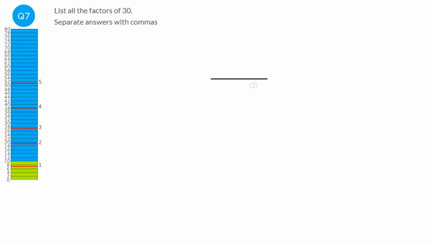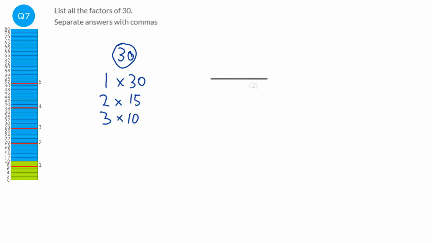To find the factors of 30, we're just going to write down all the factor pairs, or all the pairs of numbers that multiply together to make 30. So 1 times 30 is 30. 2 times 15, 3 times 10.